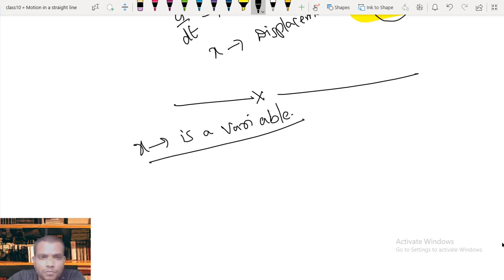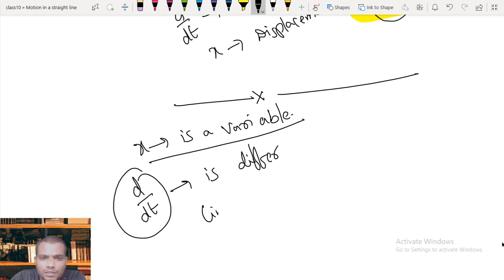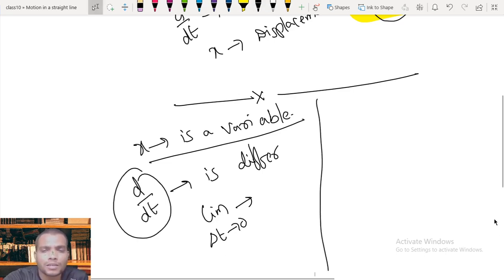So d by dt is the differential, which is also limit delta t tends to 0. To calculate this we need to know certain formulas, which are already in our textbook, so let us take those formulas first.